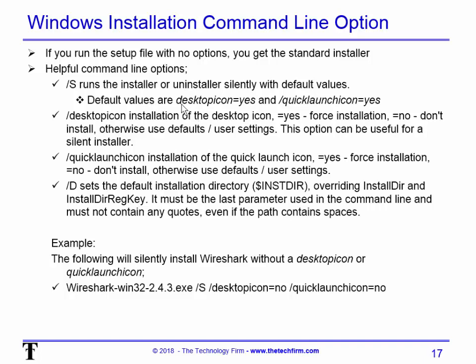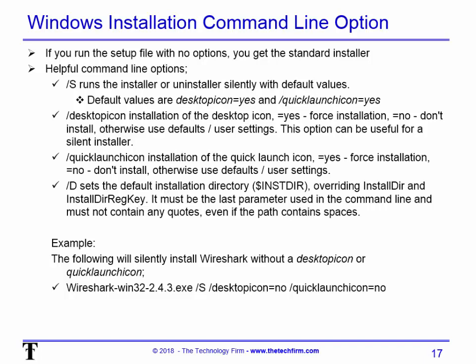Now with these default values, you'll end up with a desktop icon and a quick launch icon. If you're not familiar with those terms, it just means that you end up with an icon on your desktop and literally an icon along the bottom part of your status bar near the start button. And if you don't want that, then you can also specify options as well. So this is a very powerful little tool to have under your belt when you want to install Wireshark on somebody's machine and you don't want them to have to go through the installation process and click through every single dialog box.